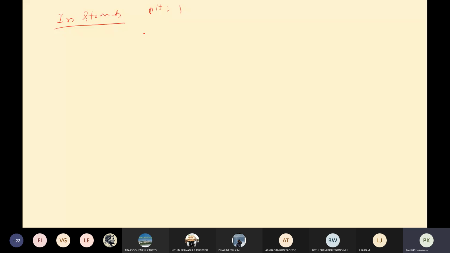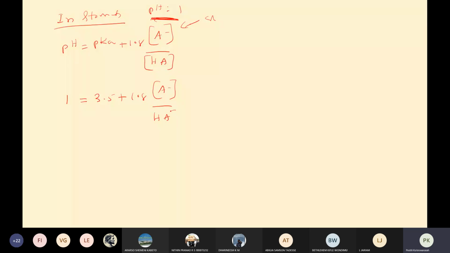So we need to apply the Henderson-Hasselbalch equation here. pH is equal to pKa plus log [A-]/[HA], or we can say this is the salt and this is the acid. The pH is already given as 1, so 1 is equal to 3.5 plus log [A-]/[HA].